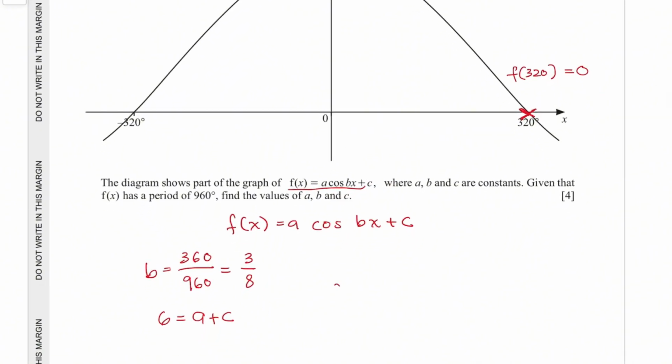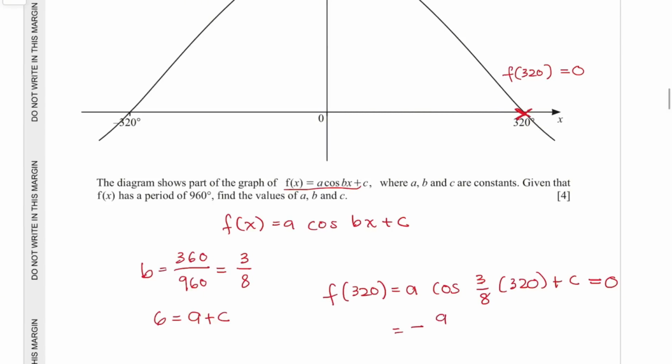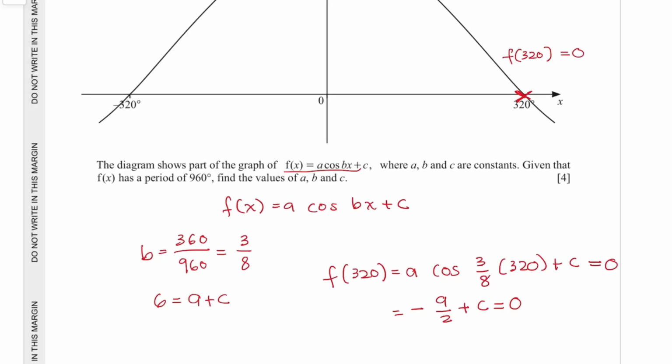So I have here f 320 would be a cos b is 3 over 8 times 320, which is my x, plus with c, and this would give me a 0. Therefore, cos 3 per 8 times 320, that's just negative half. I have negative a over 2 plus c is equal to 0. Okay, then I can rewrite this.